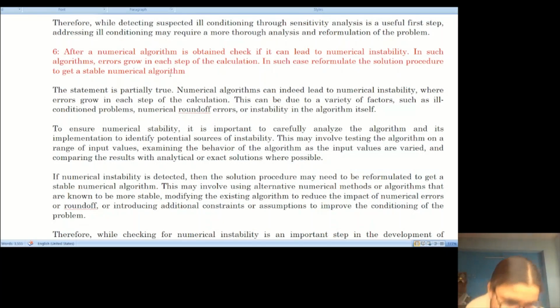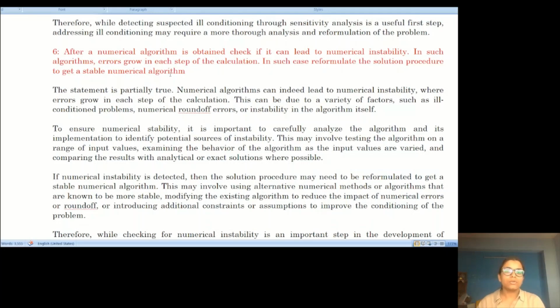The statement written here is partially true, because obviously a numerical algorithm can lead to numerical instability, and errors can grow with each step of the calculation, and it can be due to various causes, like ill conditions, or rounding errors.